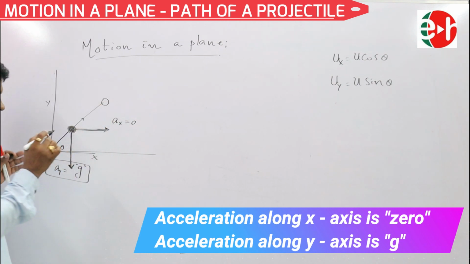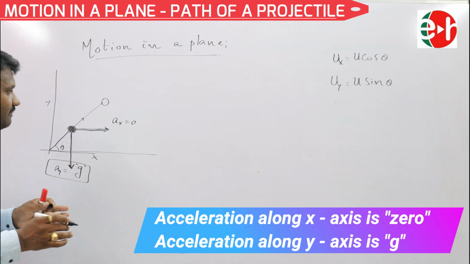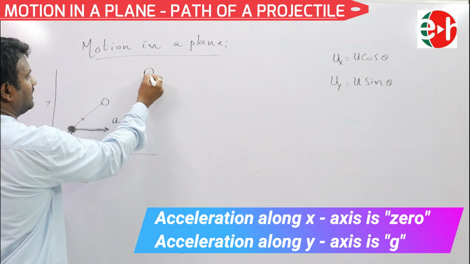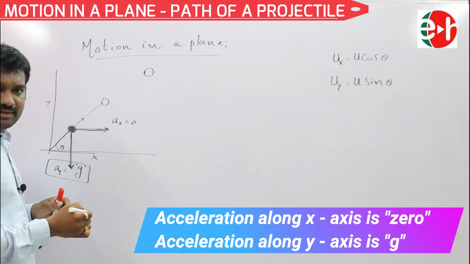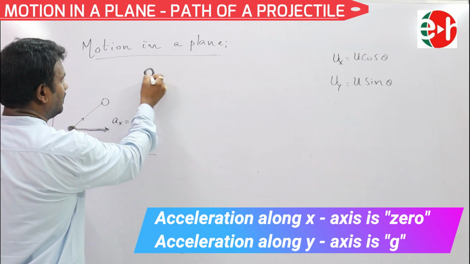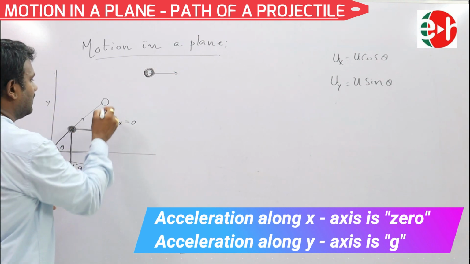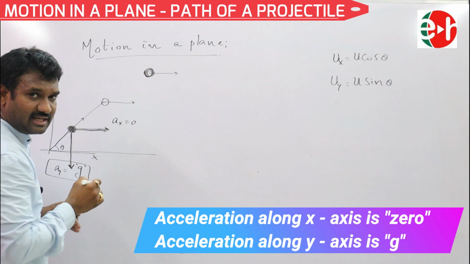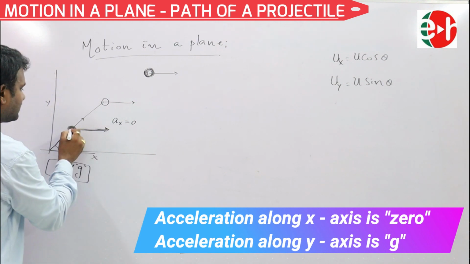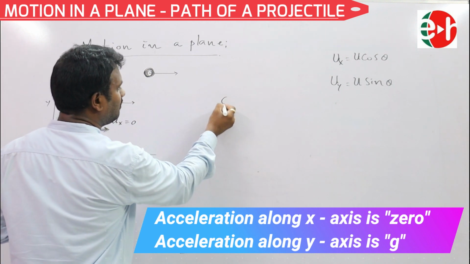What is the acceleration acting on it when it is here? Yes, g only. What is the acceleration of the body along the x-axis at this position? 0. What is the acceleration acting on the object in this direction? 0. After some time the body may be here.